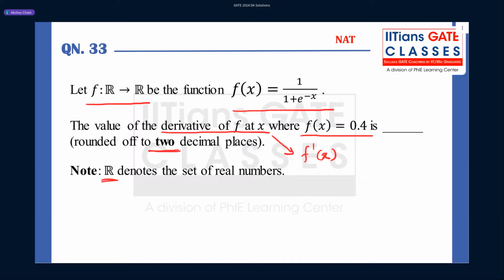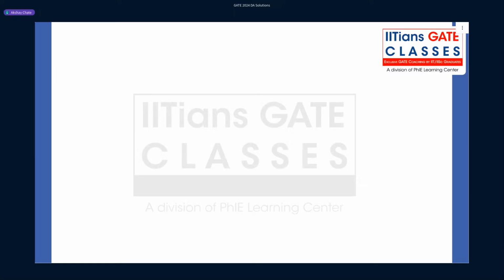So now, first we have to find x where f of x is 0.4. To do that, we need to solve this equation. Now see, f of x is 0.4, right?